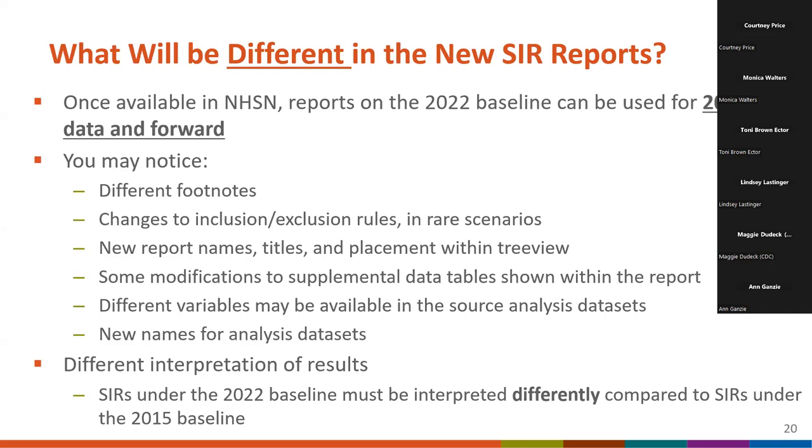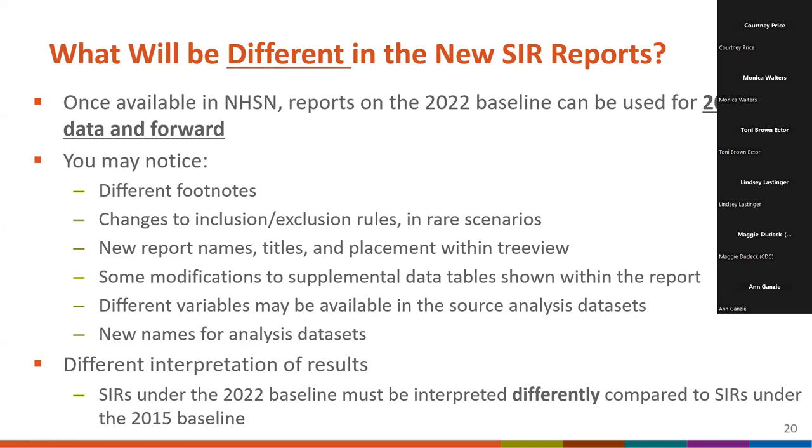If you want to analyze your facility or your group's HAI data from 2021 or earlier, you'll have to use the SIR reports on the 2015 baseline. So the 2022 baseline is going to start with 2022 data.